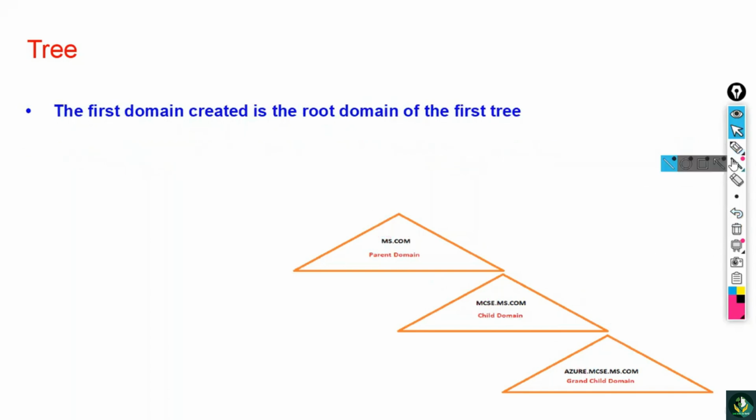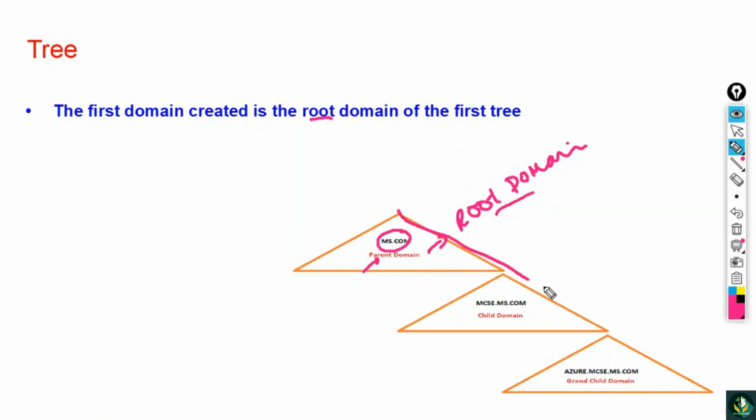So the first domain created is the root domain. It is called the parent domain and it is also called the root domain of the first tree. This is the tree. You can see the hierarchy. It is called a tree.